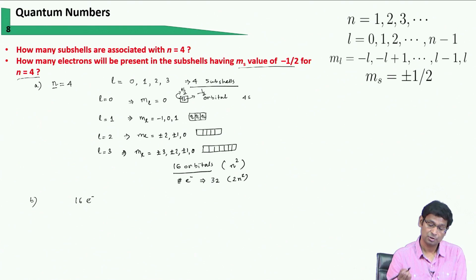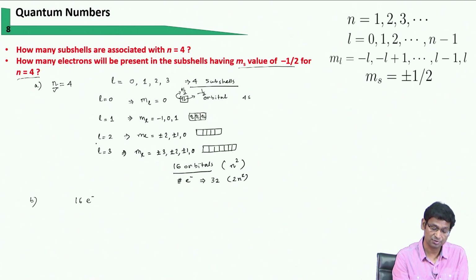So what you should learn in this problem is that each electron has a specific identity. It has an identity with respect to the principal quantum number. In this case n is 4 for all these 32 electrons.